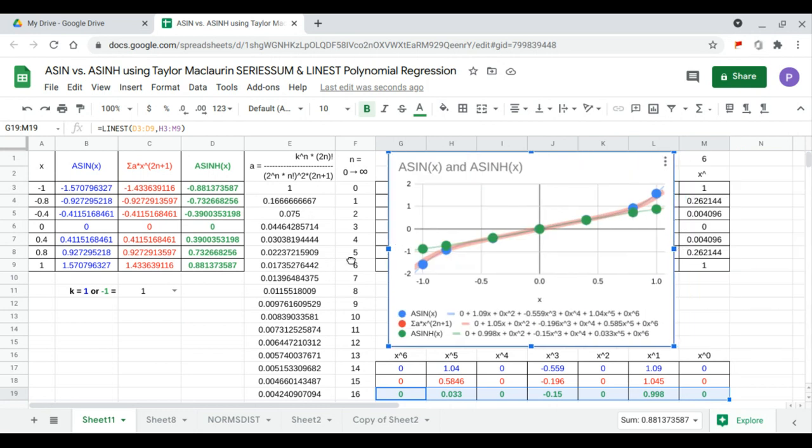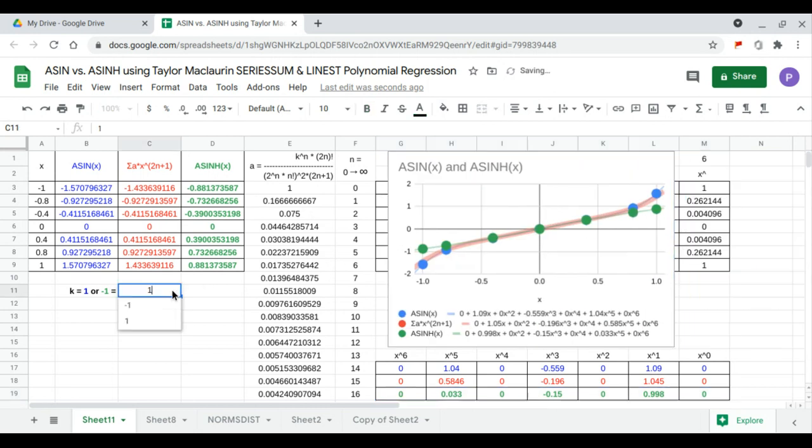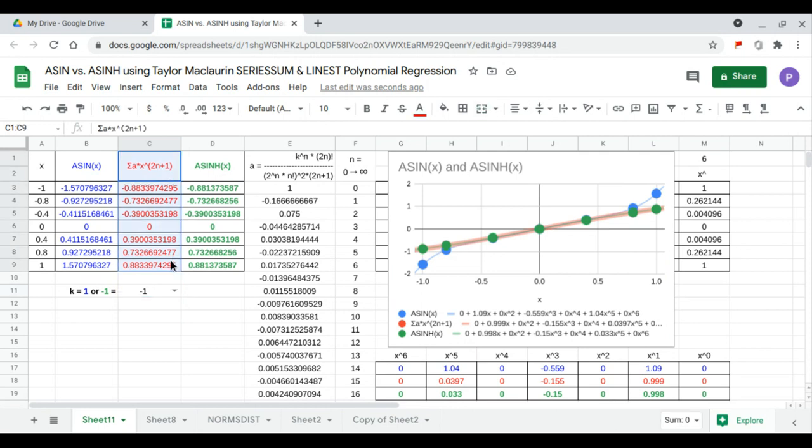Now let's compare. So at k equals -1, the red trend line is on the green dataset. The expansion approximates the inverse hyperbolic sine, and the regression coefficients of the expansion also approximate the regression coefficients of the inverse hyperbolic sine.